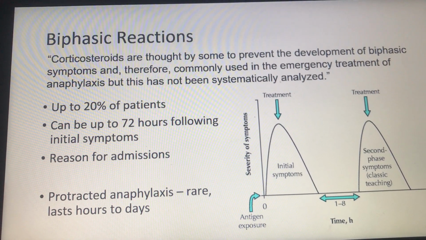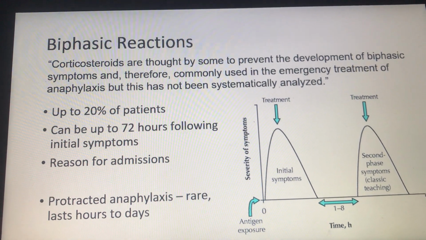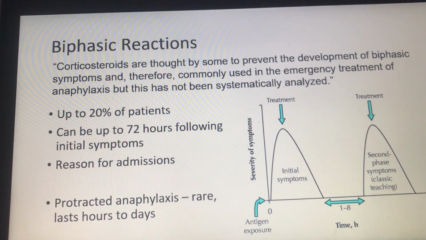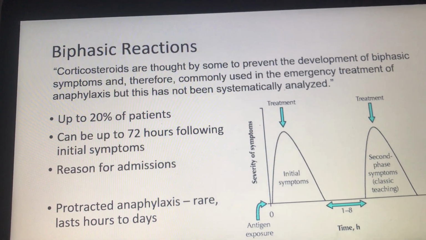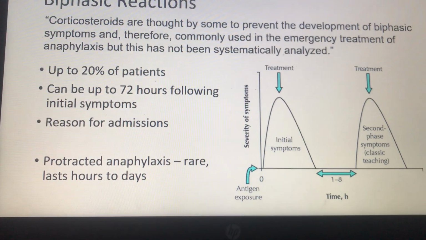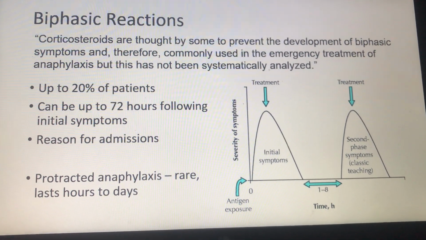But the use of steroids has not been systematically analyzed for the prevention of biphasic reaction. They can happen up to 72 hours following the initial symptoms. Protracted anaphylaxis can also occur, but it's rare.